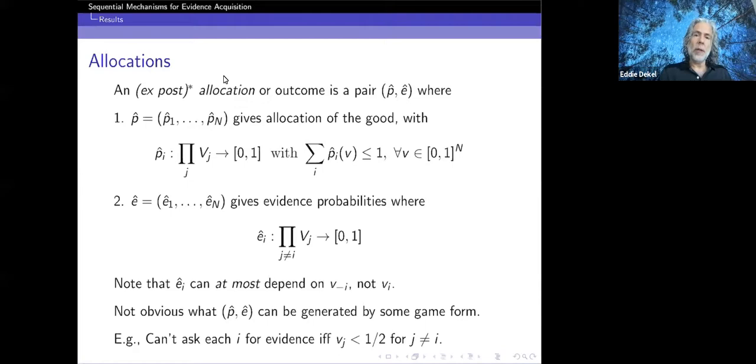So normally we turn then to interim values from the ex post and say, okay, we know that we can get any ex post, which interim can we get? That's something that's often done in the mechanism design literature. We're going to do now the exact same thing, but I just want to highlight, even in the ex post environment, there isn't a simple statement of what is the set of feasible functions of allocation of the good and collecting evidence.